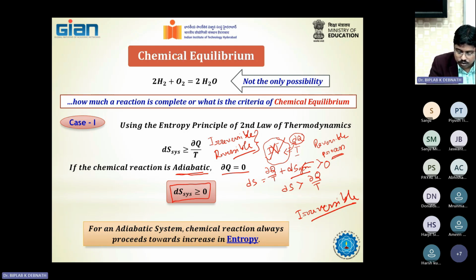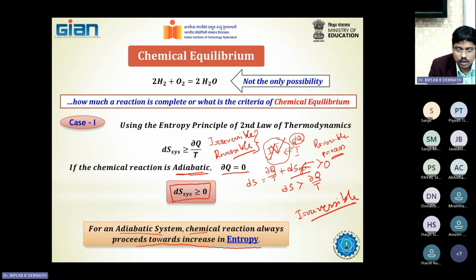So for any actual chemical reaction in an adiabatic system, the chemical reaction always proceeds towards increase in entropy.